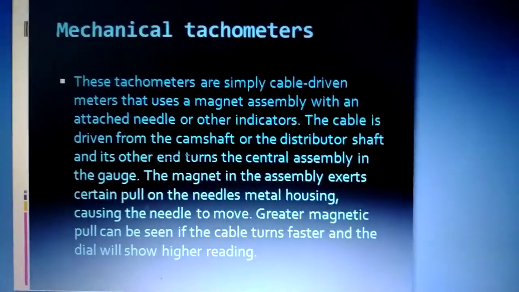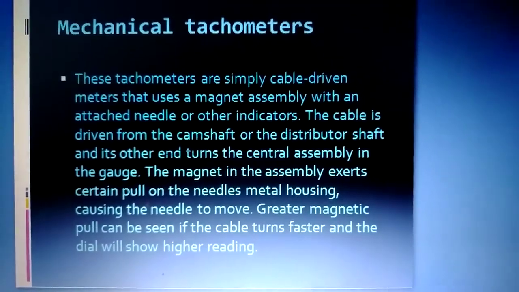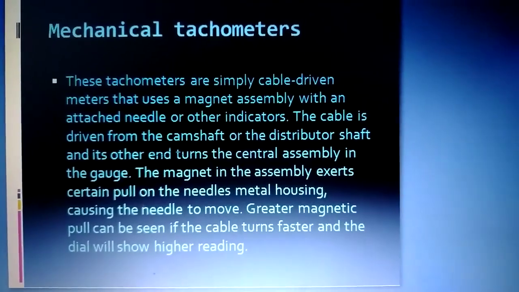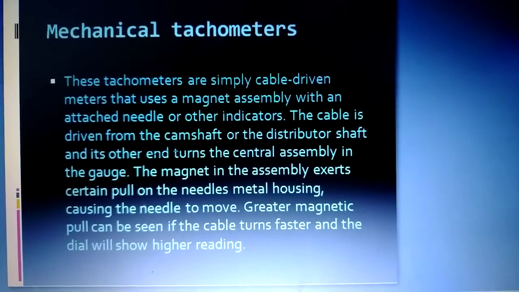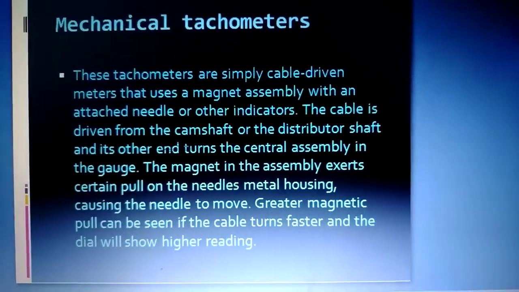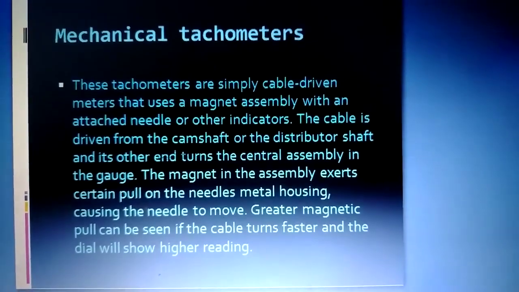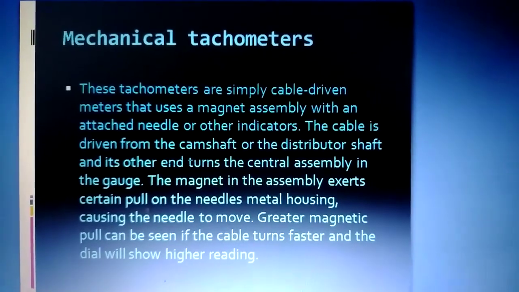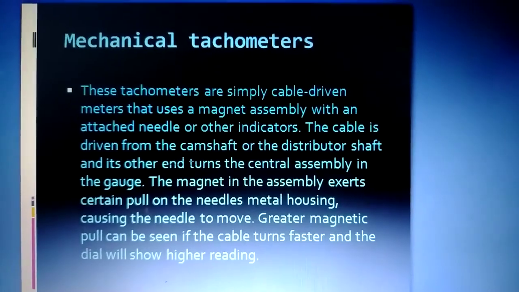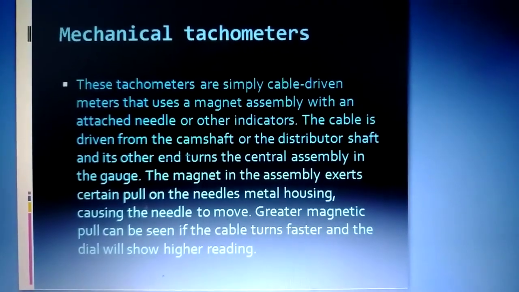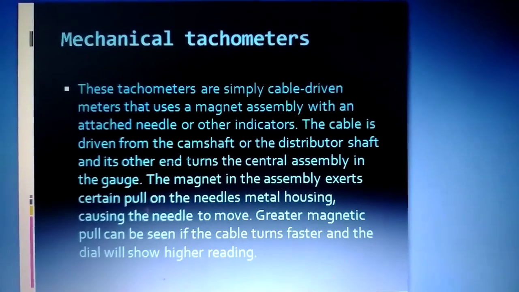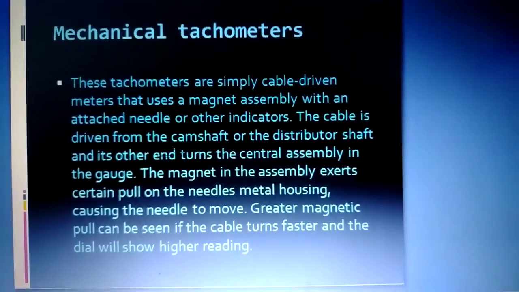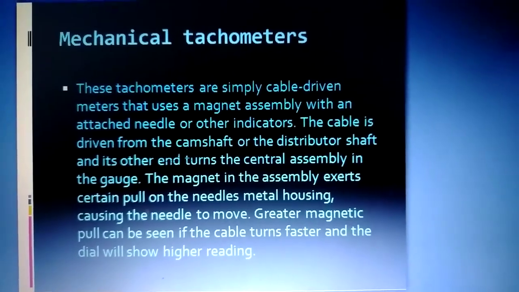Mechanical tachometers are simply cable-driven meters that use a magnetic assembly with attached needles or other indicators. The cable is driven from the camshaft or a distributor shaft, and its other end turns the central assembly in the gauge. Greater magnetic pull is seen if the cable turns faster, and the dial shows higher readings.